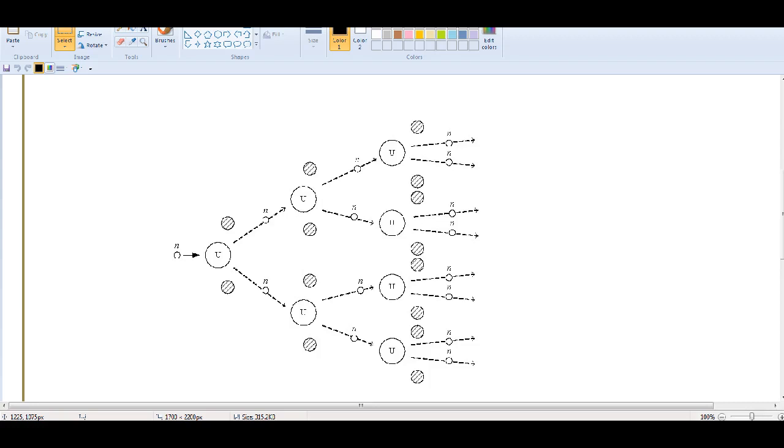So one decay of uranium will lead to 2 decays of uranium, and 2 decays of uranium will lead to 4 decays of uranium. So it's effectively a geometric sequence: 1 uranium, 2 uranium the second time, 4 uranium the third time, and could be 8 the fourth time, right?